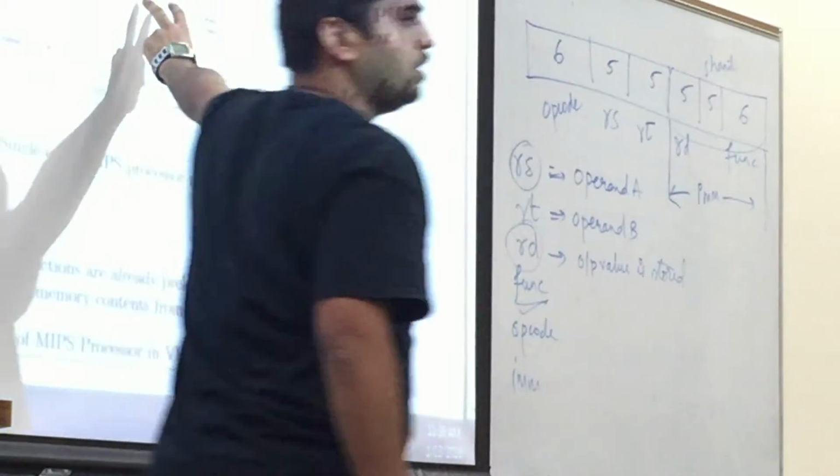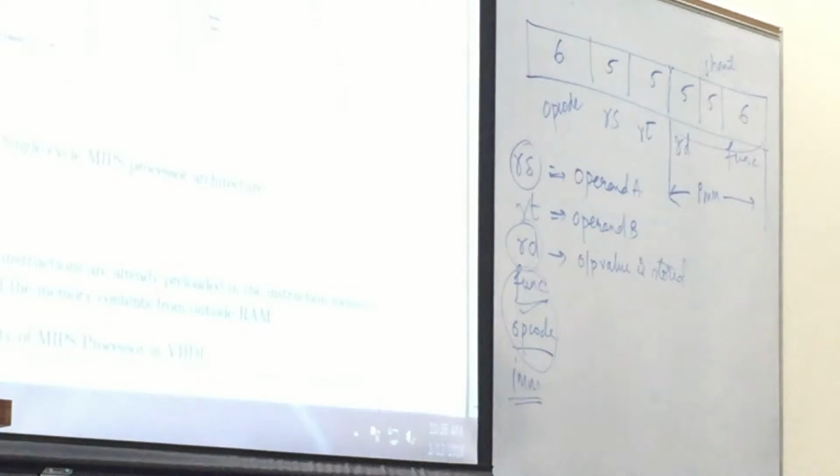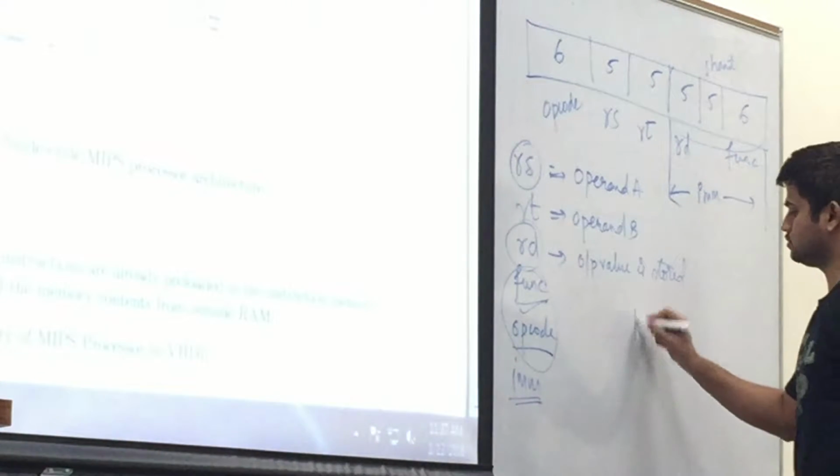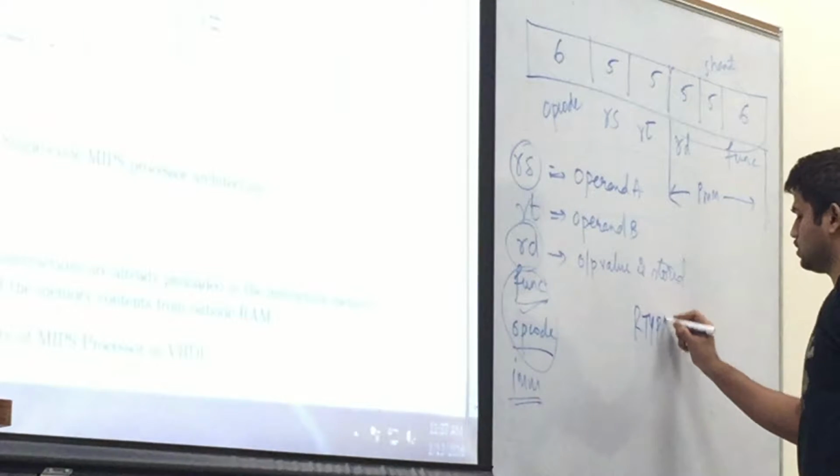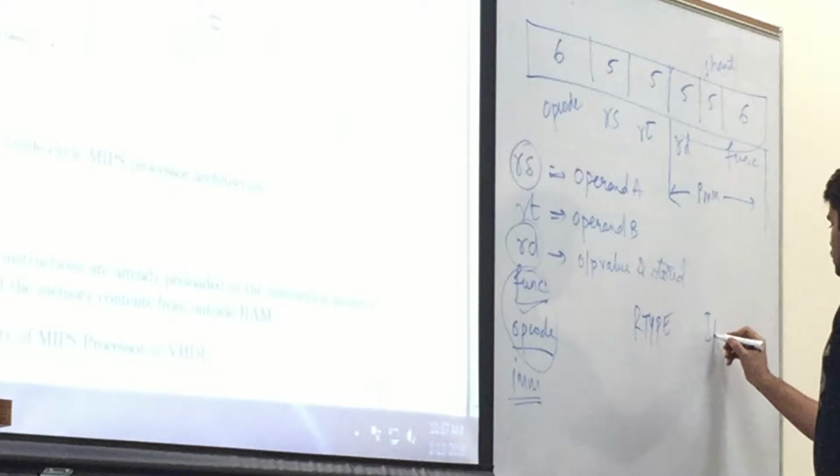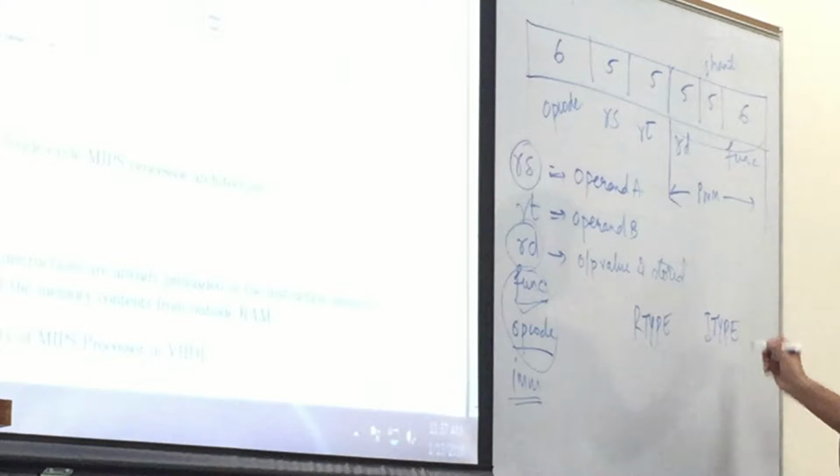And you have the function which is of 6-bit to select the corresponding operation in the ALU. And you have the opcode. I'll go through this function opcode later. And you have the immediate, because you have R type and I type of instruction.